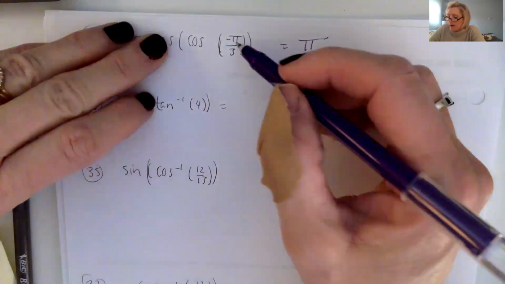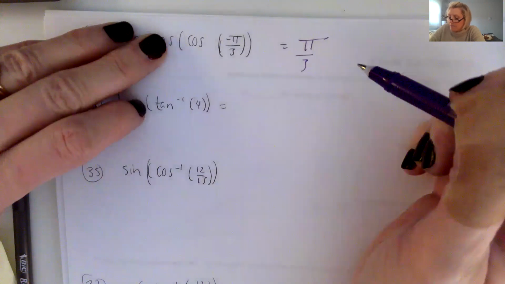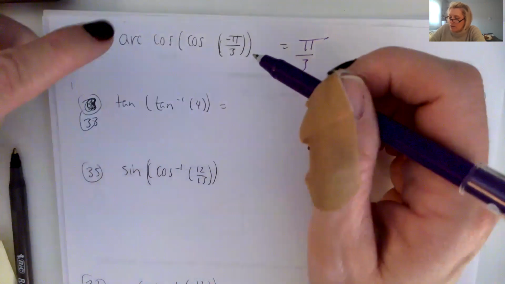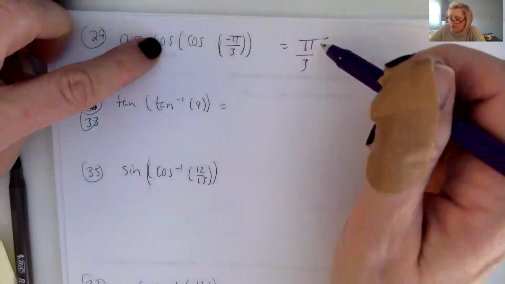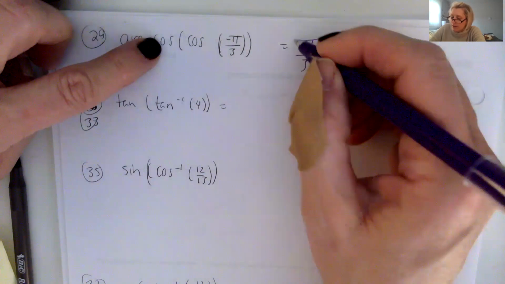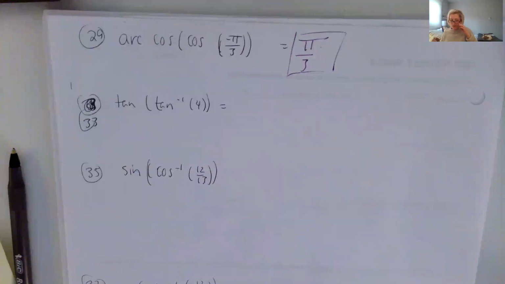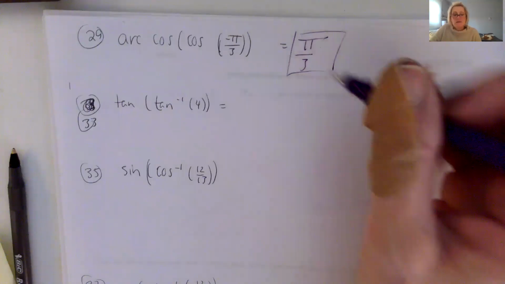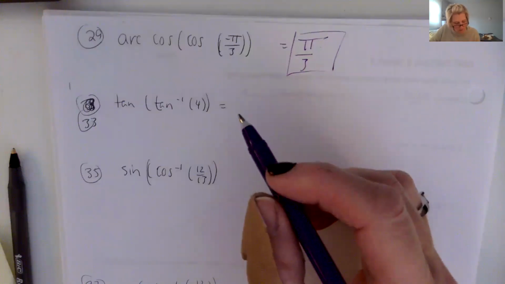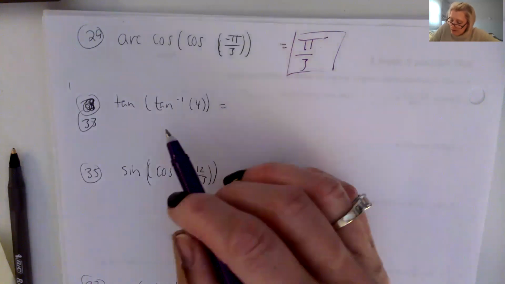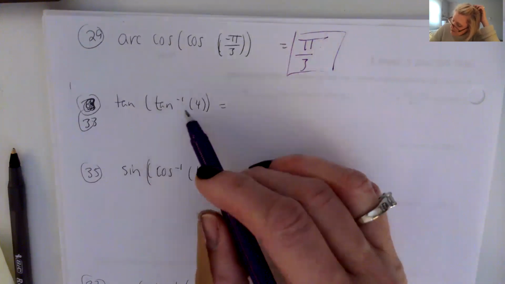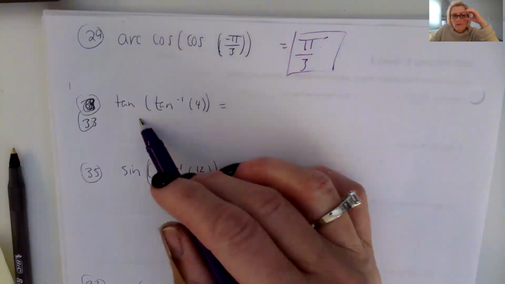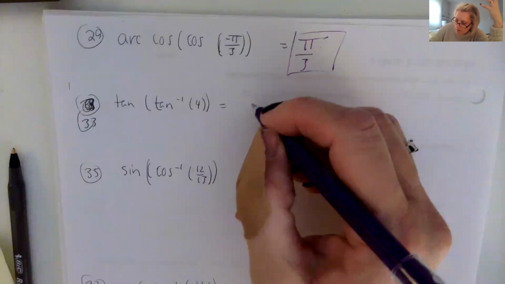Because cosine at negative pi over 3 is still positive there. And so the inverse of that positive is going to be the positive of pi over 3. Because cosine is positive in the first and the fourth quadrants. So number 33 says tangent of the inverse tangent of 4. And they are inverse functions of each other, so it's just going to be 4.